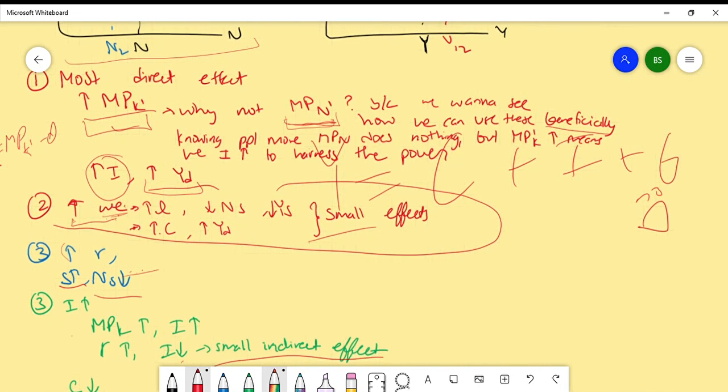Oh, why does it do this, honestly? Whatever. Anyway, if our investment increases and then our total Y increases, and as a result our rate increases, then our investment kind of falls.